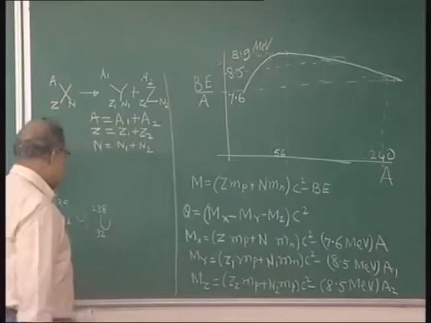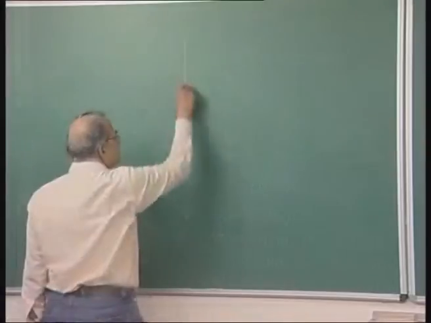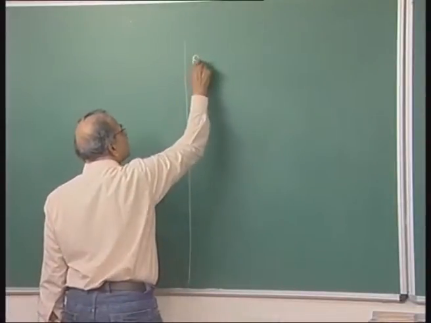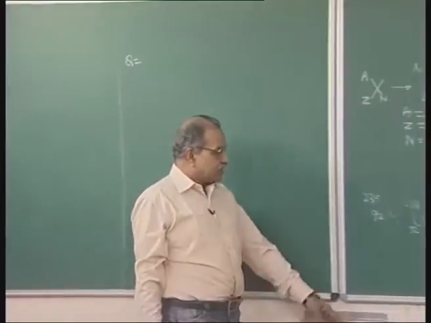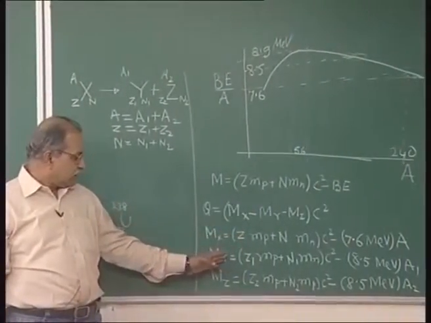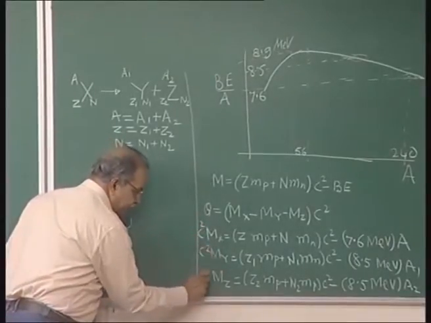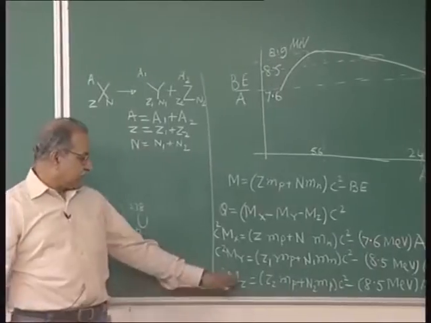Now, you can work out this Q value, and the Q value will be Mx c square minus My c square, this is all c square here, and minus Mz c square.